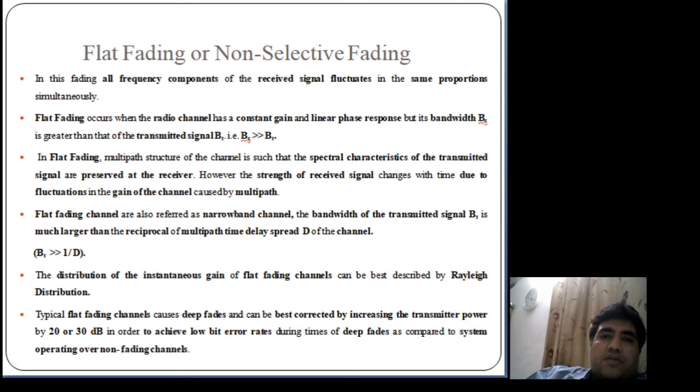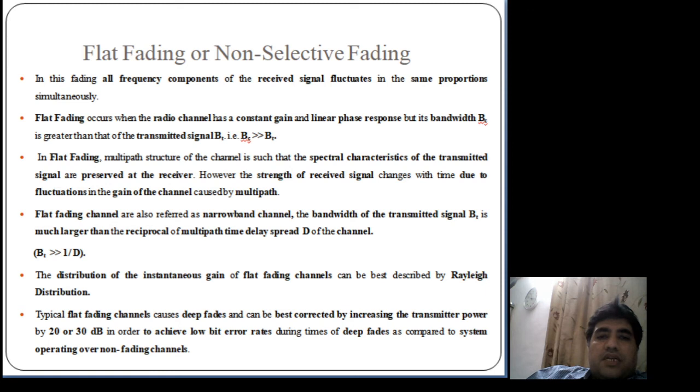Flat fading or non-selective fading. These are those kinds of fading in which the bandwidth of the channel is much greater than the transmitted signal bandwidth. So what happens is that all the frequency signals will be passed with constant gain and linear phase.